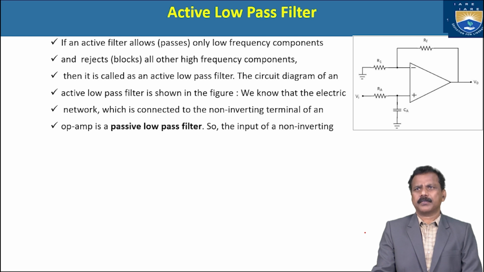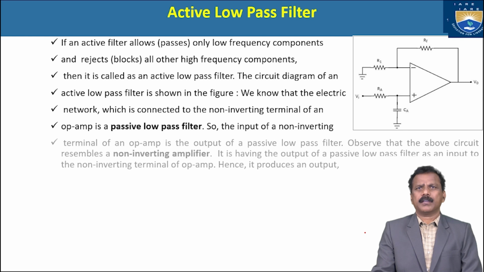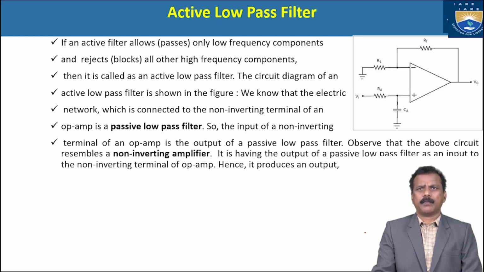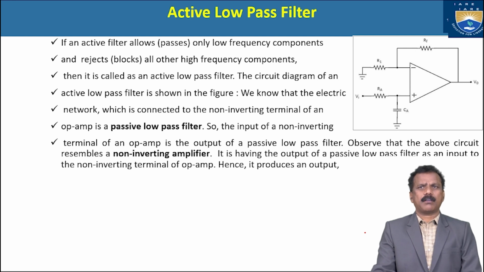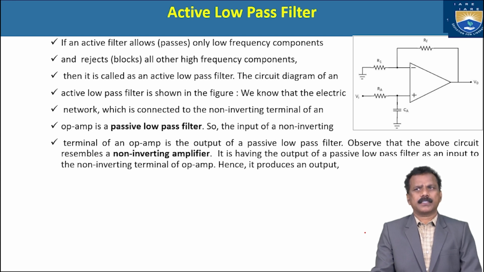Okay, because they are using a capacitor and resistor. So the input of the non-inverting terminal of the op amp is the output of the passive low pass filter. Observe that this simple circuit diagram resembles a non-inverting amplifier, having the output of a passive low pass filter as the input to the non-inverting terminal of the op amp.